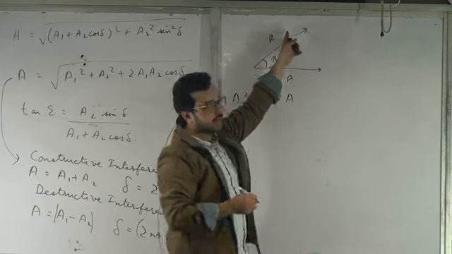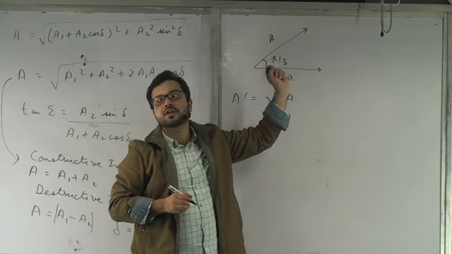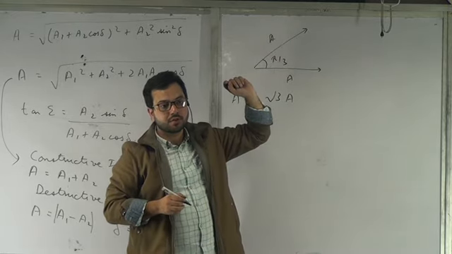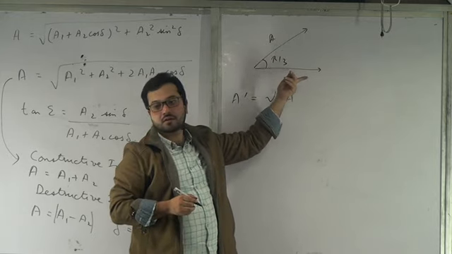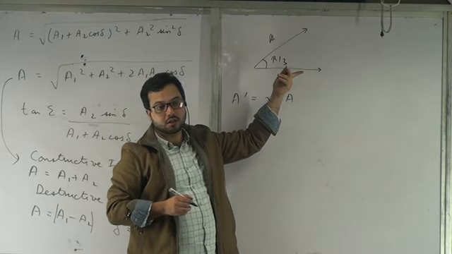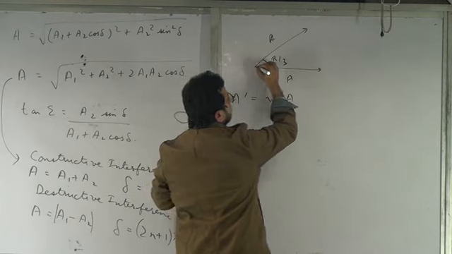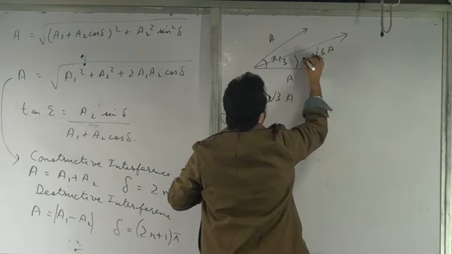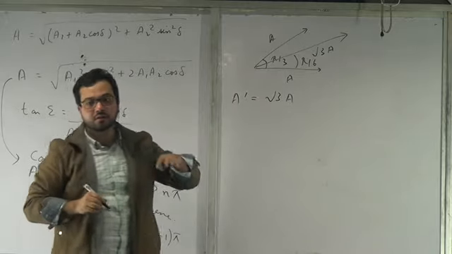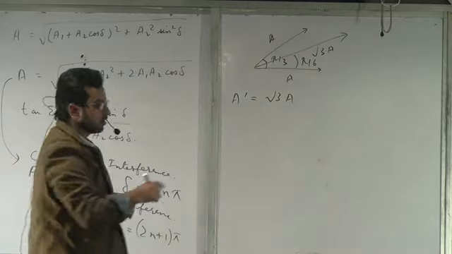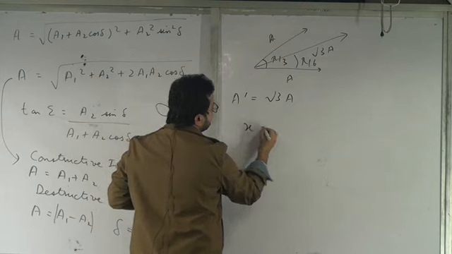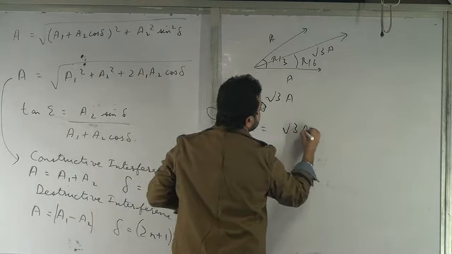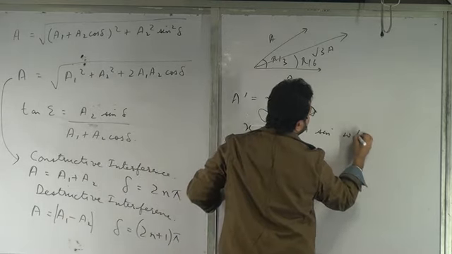Since both of them have equal magnitude, the resultant would be along the angular bisector. The angle it makes with one of the SHMs is pi by 6, so your equation will become x is equal to root 3 a sin(omega t plus pi by 6).